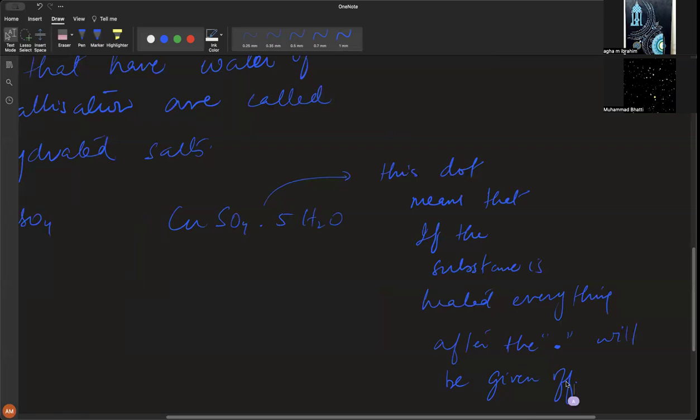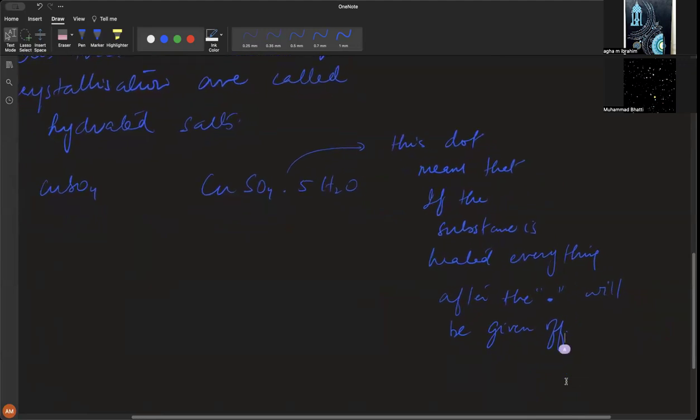We have more examples, like magnesium sulfate dot 7H2O. What are you going to call this? This is hydrated magnesium sulfate, or crystals of magnesium sulfate.